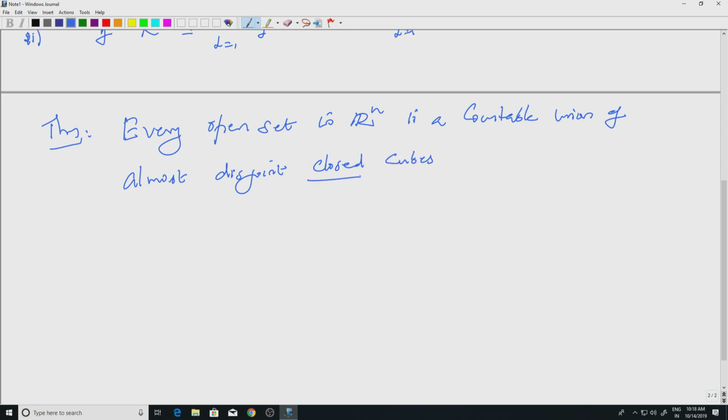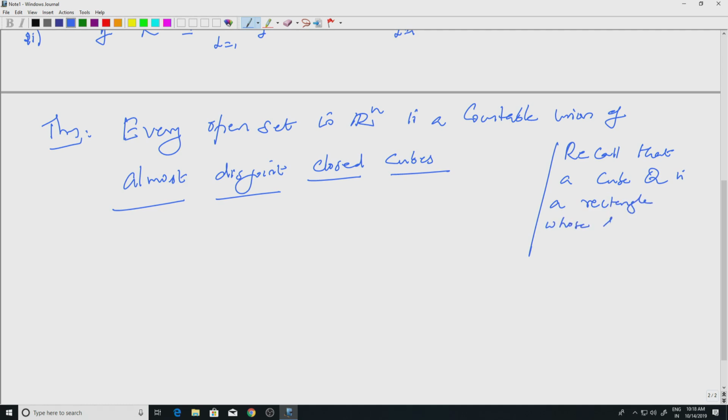So, what is a cube? Recall that a cube is a rectangle whose sides are equal.